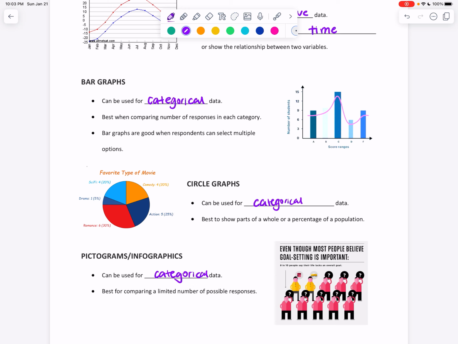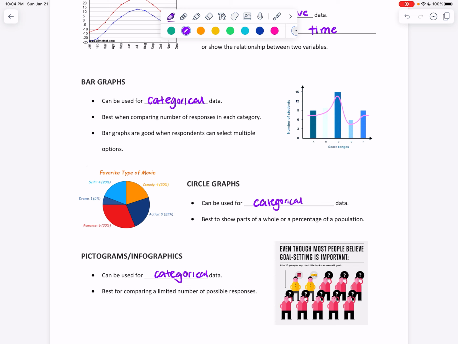And by category, I might mean something like, what pet do you own? Or, I don't know, what's your favorite type of extracurricular activity? Or, which of the following items do you like, or in the uniform, right?